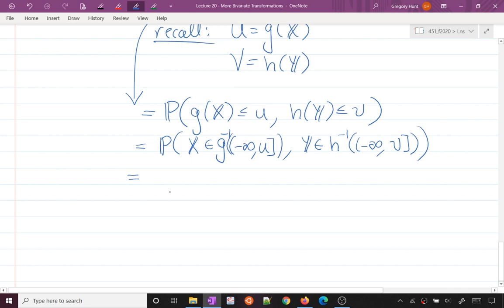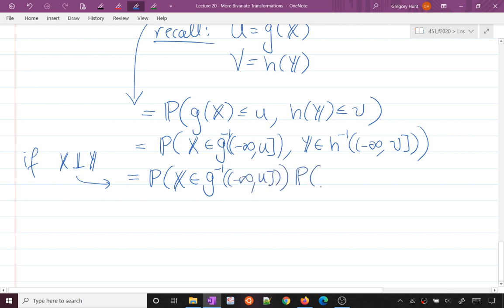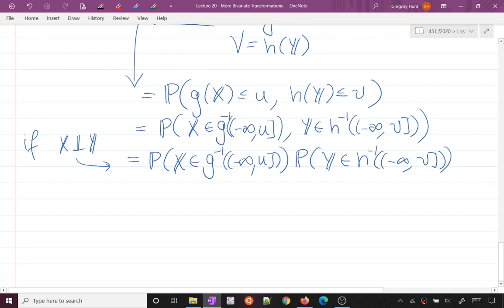And so that's nice. If we have that x is independent of y, then we can break these apart. Statements about x and y can be factored apart in this way, right? So I can break apart the previous statement into a probability statement of x times a probability statement of y, based on the fact that that is what it means for random variables to be independent. And then I just undo my inverse images.